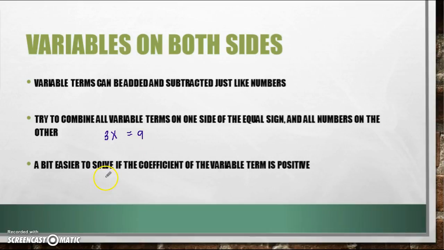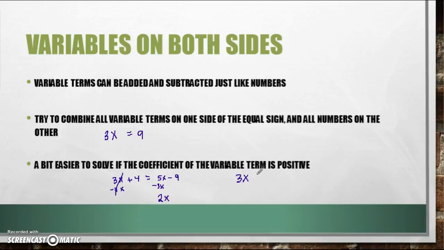And it's a little bit easier when you're working to combine variable terms on one side of the equation to look at the coefficient. And it's a little bit easier if in the end your coefficient ends up being a positive number. So for example, if you had 3x plus 4 equals 5x minus 9, if you subtracted 3x on each side, you would end up with a positive variable term because 3x minus 3x is 0, 5x minus 3x is 2x, and that's a positive number versus the other way.